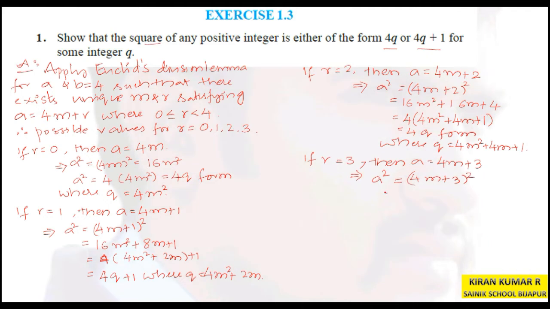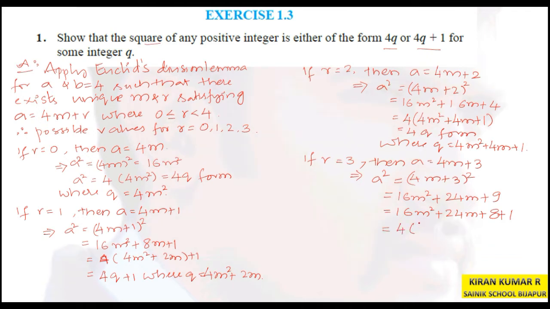If we expand it, we will be getting 16m square plus 24m plus 9. The same can be written as 16m square plus 24m, and I'll write 9 as 8 plus 1 so that in the first three terms I can take 4 as common.